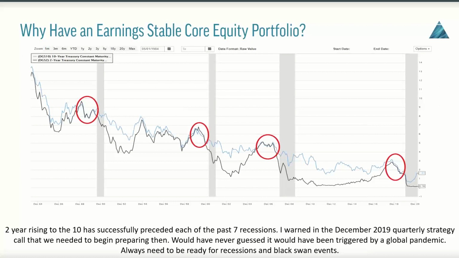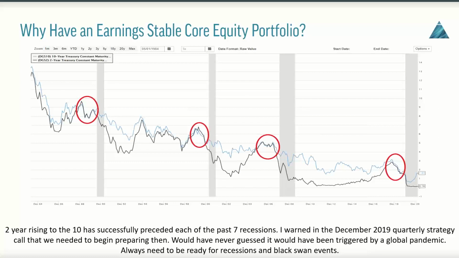And this particular observation has successfully preceded each of the past 7 recessions. And so I warned in that strategy call that we needed to begin preparing, and I floated the idea of starting to mirror this concept of an earnings certain portfolio. And to my surprise, and I would have never guessed it would have been triggered by a global pandemic, we actually did end up in a recession.